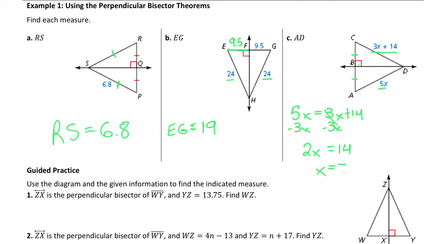X equals 7. But I didn't ask for x, I asked for AD. So AD, I'll do that up here, is 5 times 7, meaning AD is really 35. Okay, so understanding what I'm asking for, reading the diagram, and knowing the properties of perpendicular bisectors is an important thing here.